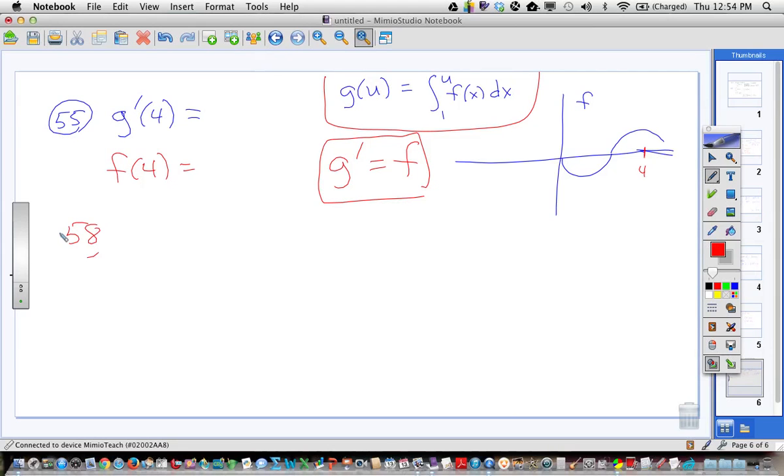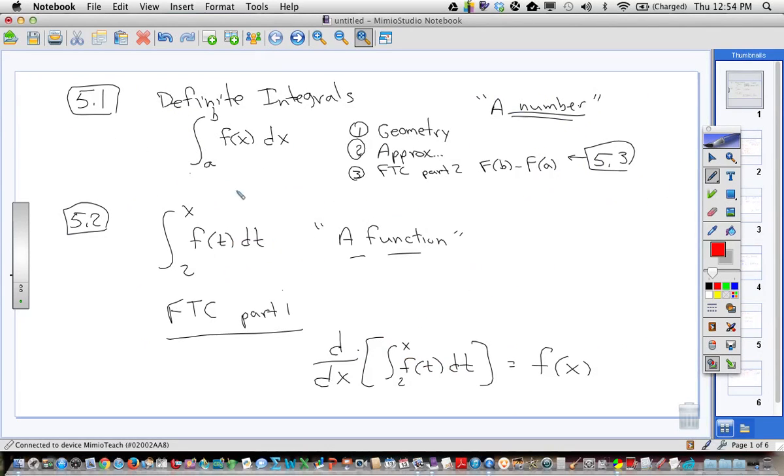Matter of fact, I probably should go back here real quick to our notes. I forgot something that we learned in section 5.1. In section 5.1, we learned a formula for the average value of f of x. And that formula was the integral of f of x divided by what? b minus a.